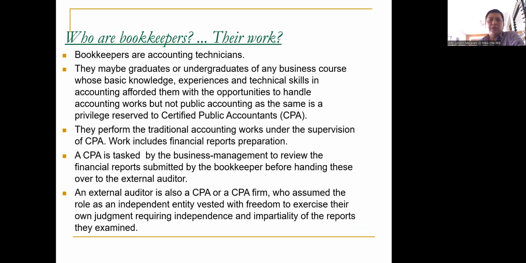Impartiality means without bias, independent means free from any influence. So there's no undue influence. These are the works done by the bookkeeper, the CPA, or the internal accountant. And the one who audits the business is called the external auditor.